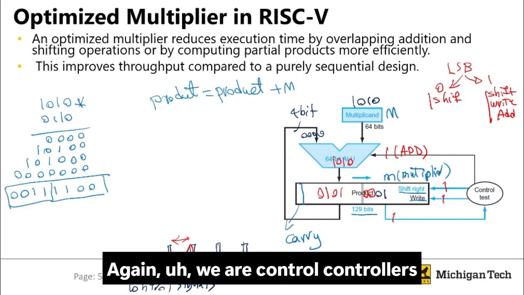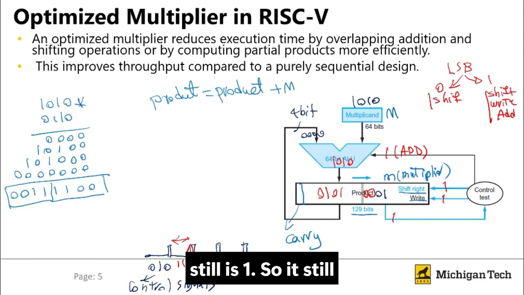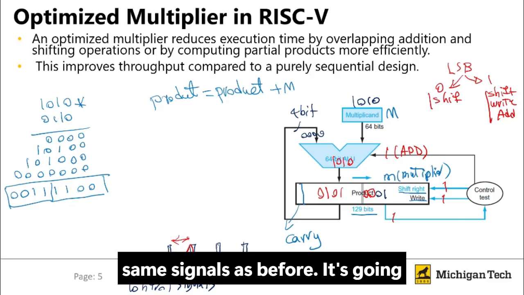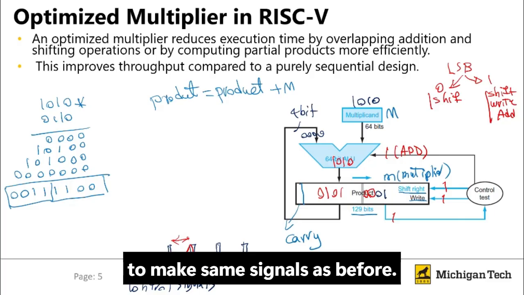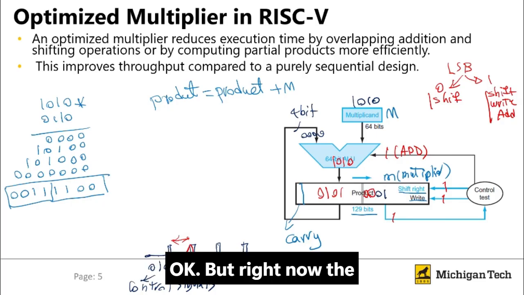Again, the controller starts reading the least significant bit. It still is one, so it's going to make the same signals as before. But right now the input for the adder has changed.